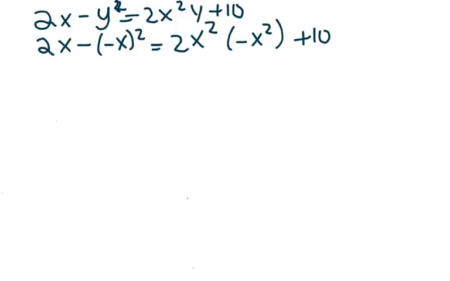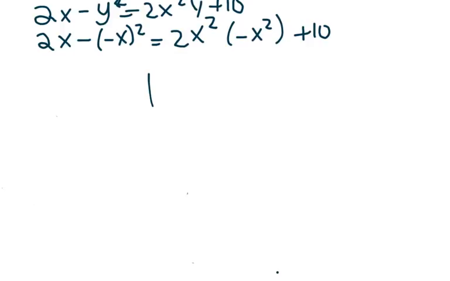I just noticed that I forgot to put a square over here, because y is negative x squared. Let me erase this and rewrite it. So it should be negative x squared, squared. Next, we're going to simplify this.